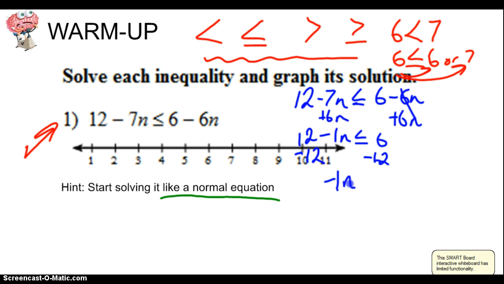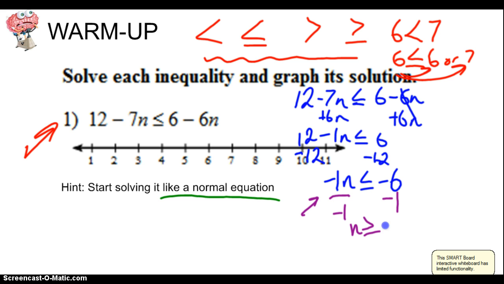Okay, so we've got negative 1n is less than or equal to negative 6. And here is the one difference between solving a normal equation and solving an inequality. You do everything the same, except when you get to this step, if you divide by a negative number, you must flip the inequality the other way.